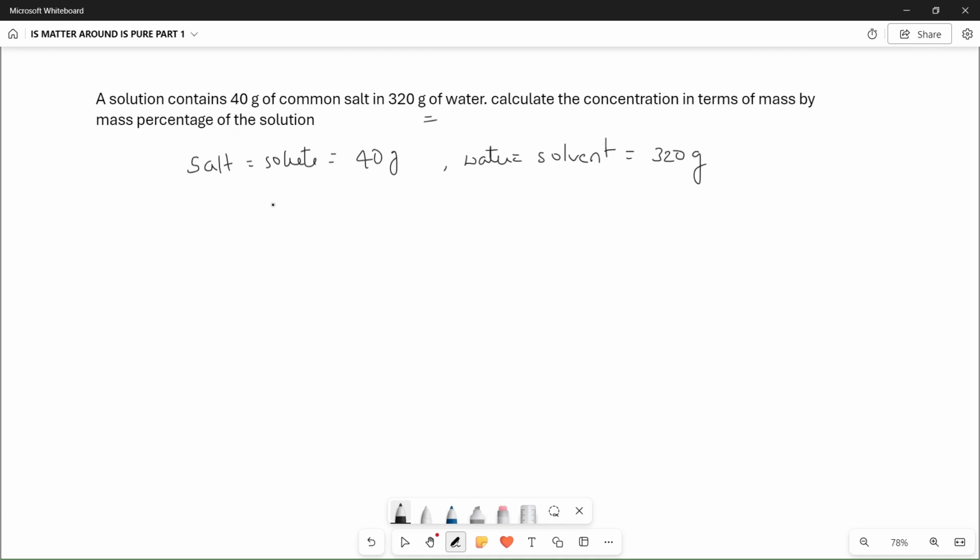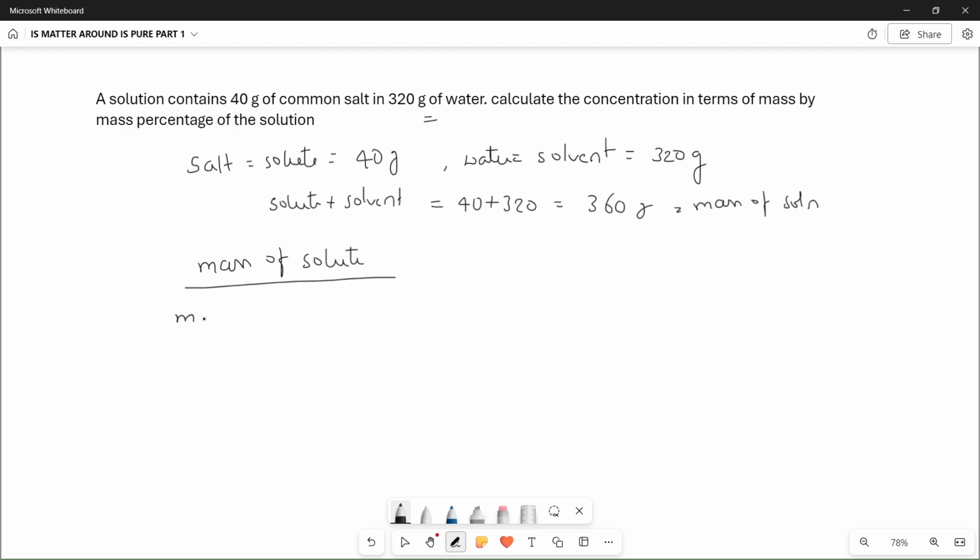Now, what is the solution here? Solute plus solvent. The mass of solution will be 40 plus 320, which equals 360 grams. So the formula for mass by mass percentage is mass of solute divided by mass of solution, into 100.